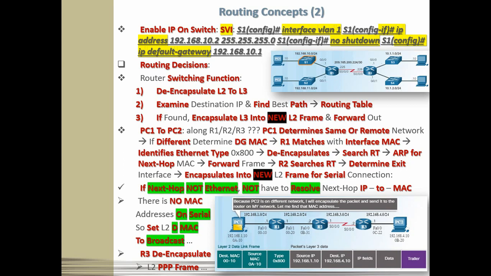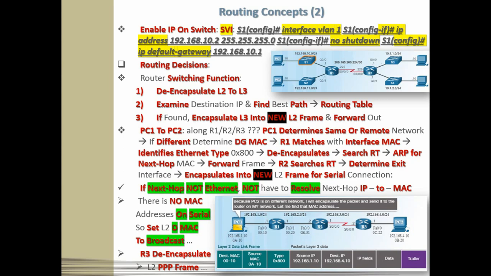And here, since we don't have any actual MAC address because of the serial interface and serial connection usage, we need to put a value inside that, and that value is an equivalent of a broadcast address, and that finalizes the data link layer frame establishment. So R2 sets the data link destination address to broadcast.